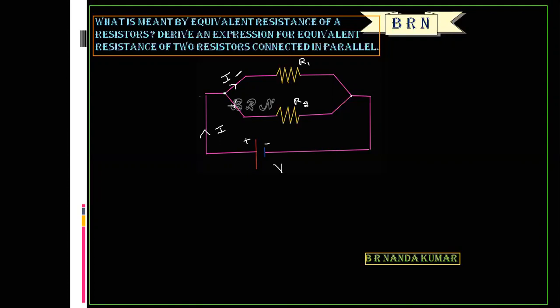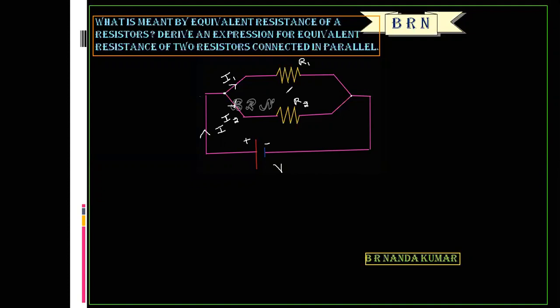When the resistors are connected in series, voltage is divided. That is actually a voltage divider circuit. But this is the current divider circuit because at this junction the current is divided into two parts.